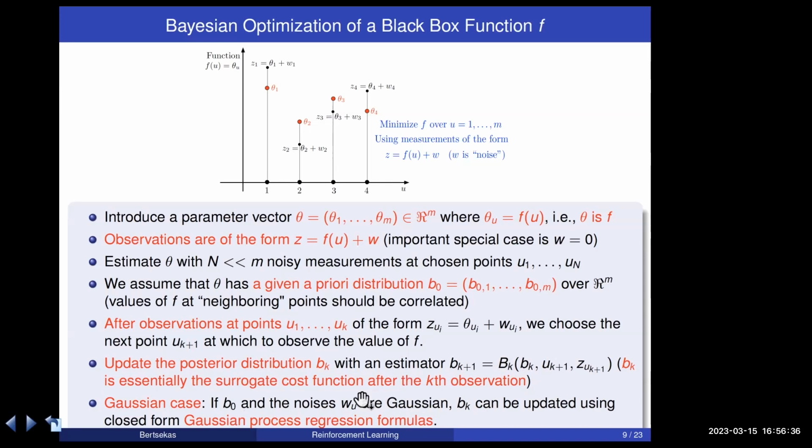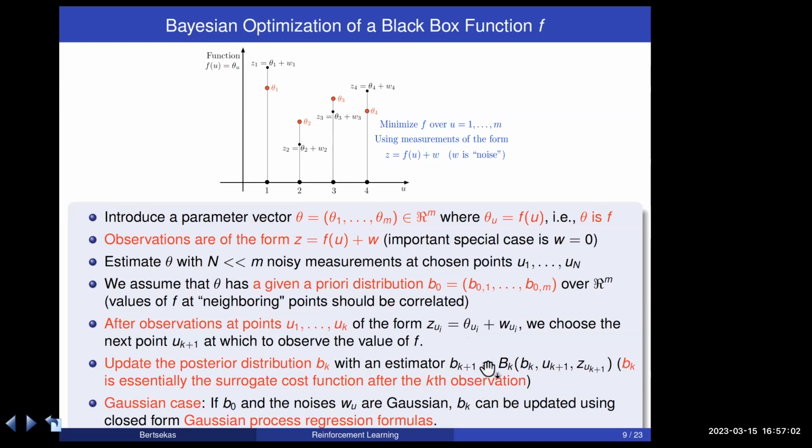The thing that I want to impress on you is that for the Gaussian case, this is relatively easy and admits a lot of help from closed form expressions. Otherwise, you have to implement this posterior updating. You may need a simulator, you may need particle filtering, and it may be more difficult.